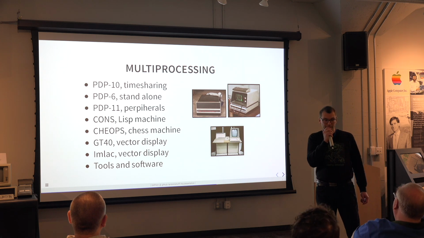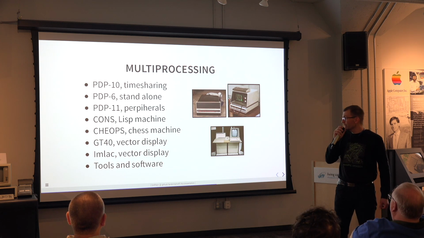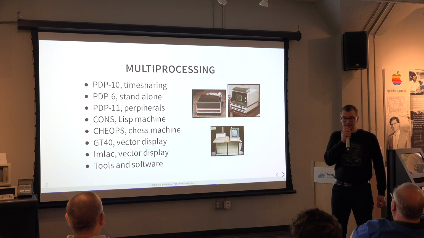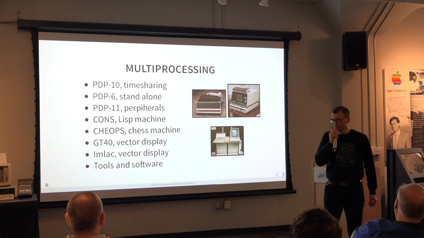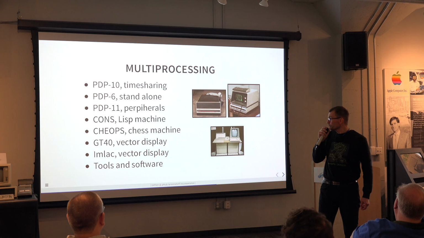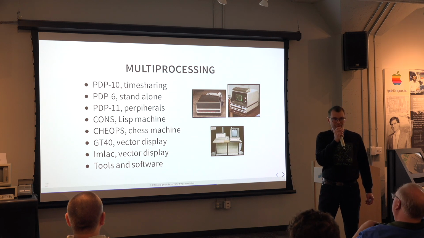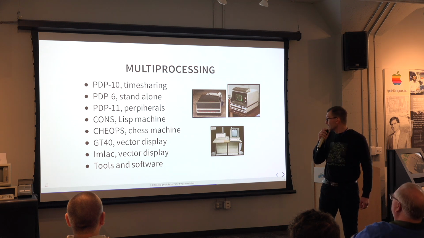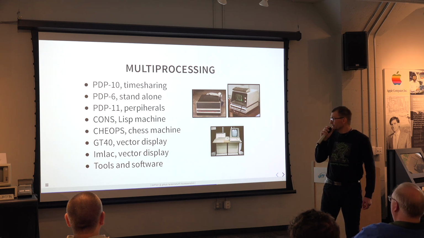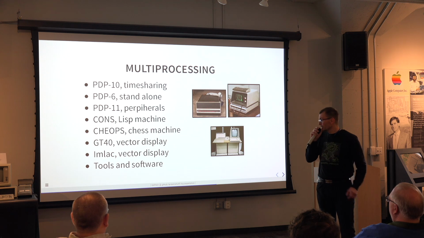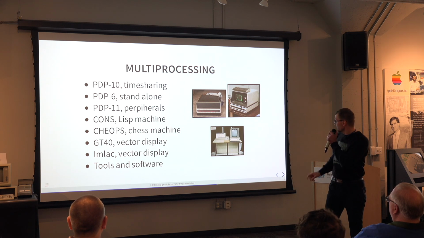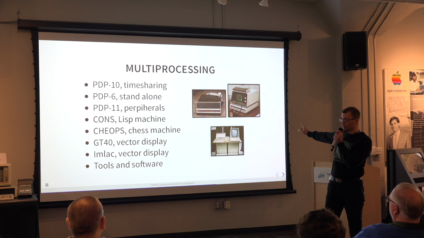There was the first Lisp machine prototype called CONS, also attached through shared memory to the PDP-10. There was a chess machine called Geox, and a GT40 PDP-11 with a vector display to the upper right, running Moonlander.